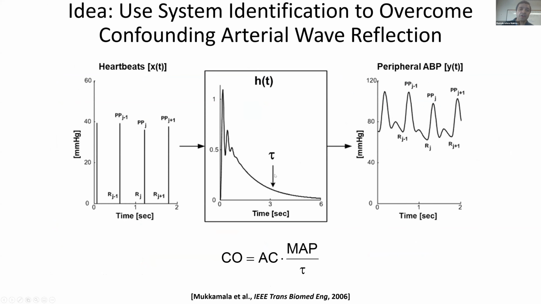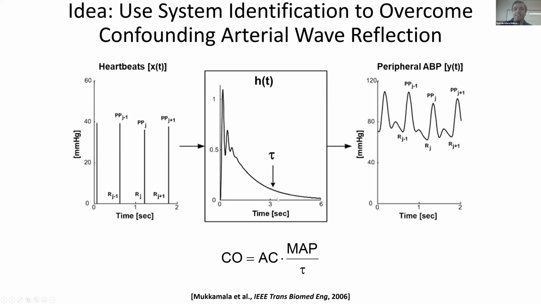So our idea was to employ system identification to overcome the confounding arterial wave reflection in peripheral arterial blood pressure waveforms. The waveform is specifically analyzed over multiple beats rather than just the traditional single beat in order to determine the pure exponential decay that would eventually result if the heart abruptly ceased to beat.